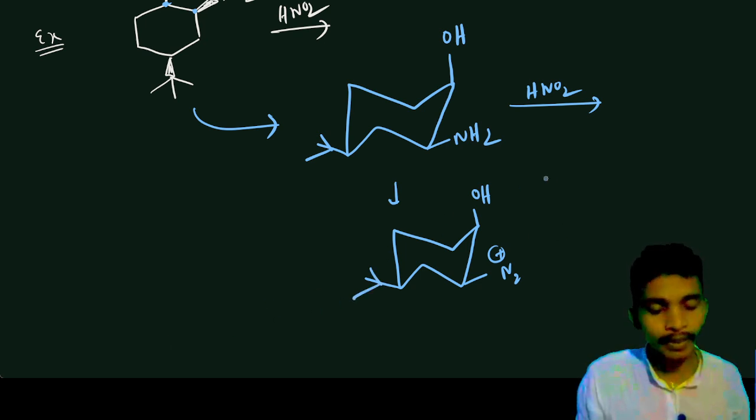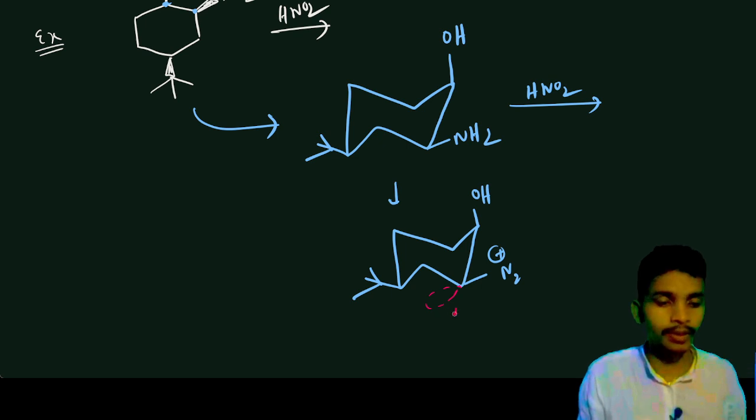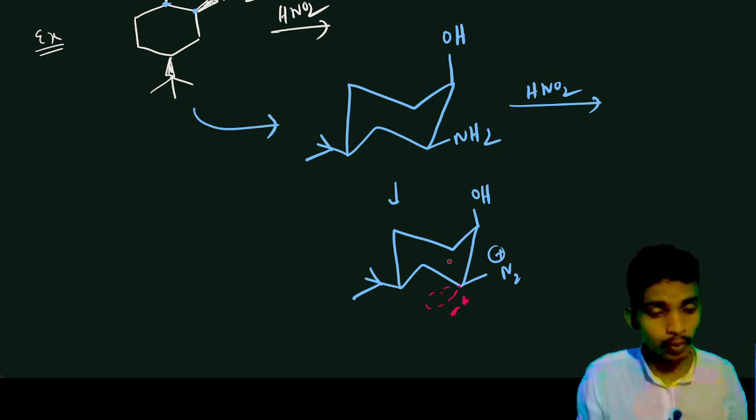Now what will happen, here also the backbone, that is anti, will be here, and for this we have to look at the parallel. So this is the parallel, that is the anti-periplanar system, so this is going to attack here. So again the same thing will happen, that is going to be here.